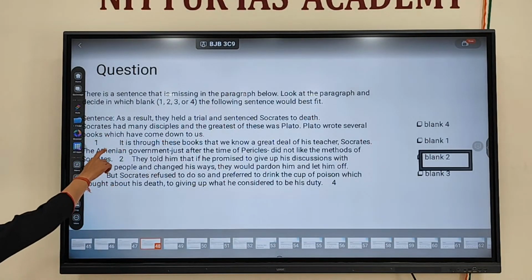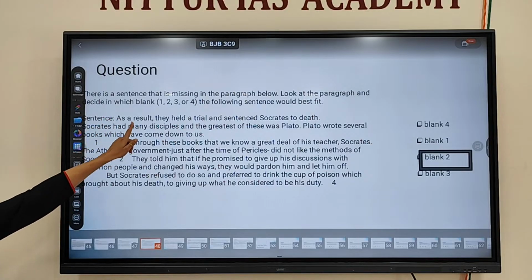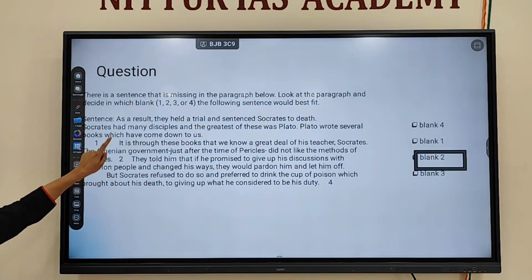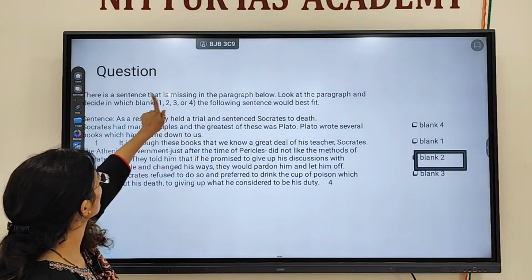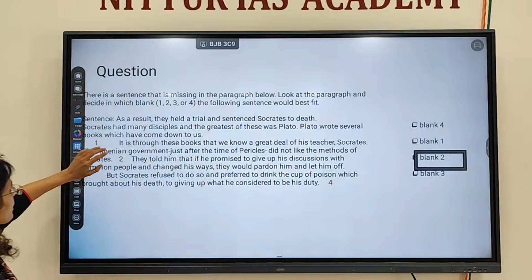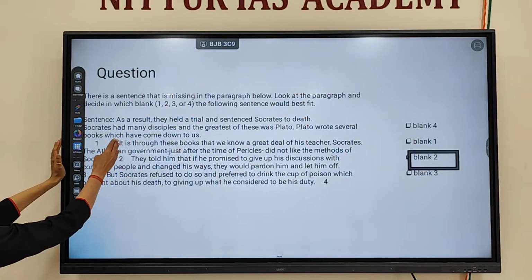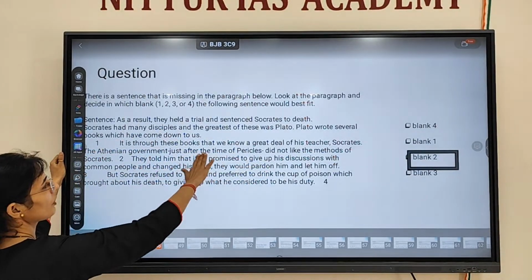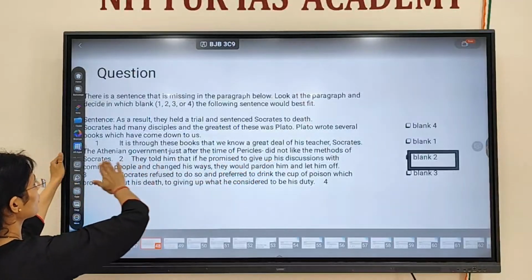It is through these books that we come to know a great deal of his teacher Socrates and Athenian government just after the time of Priscilla did not like the methods of Socrates.